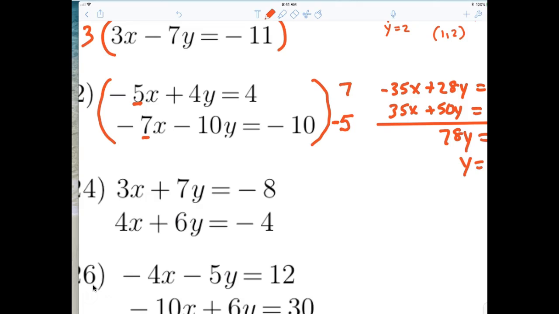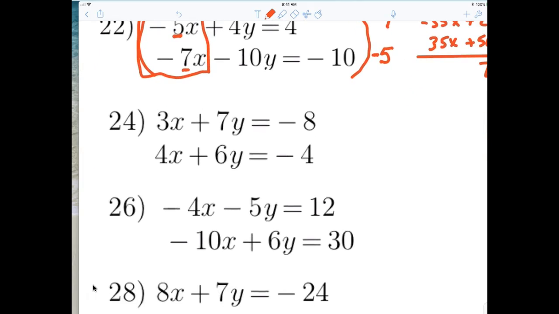So I want one to be positive and one to be negative. There's no number really, unless you want to say multiply by -7/5. People don't think that way. We're not multiplying by a fraction because that creates fractions. So all we're doing is converting the x's, and someone said it's kind of like a common denominator on a fraction. That's exactly what we're doing. We're trying to get them to be the same, but I want one to be positive and one to be negative.